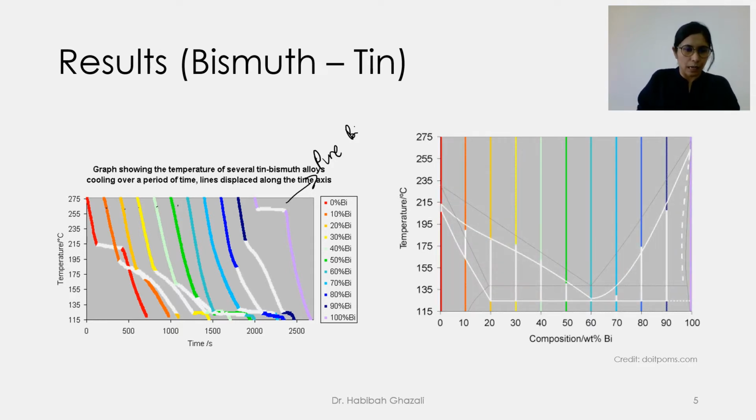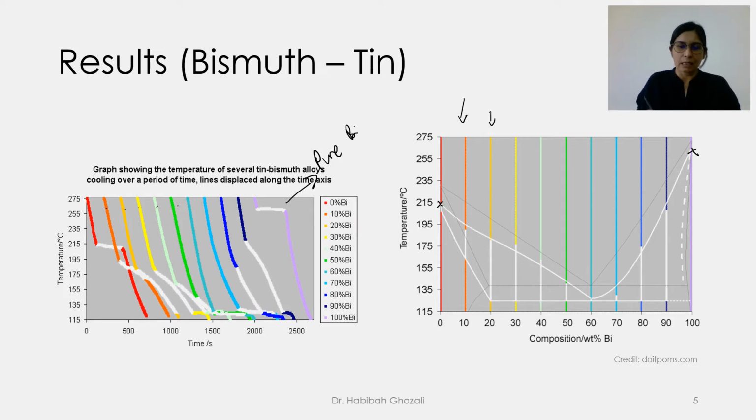For the pure metal, solidification only begins and ends at the same temperature. For the 10%, you can see it represented by this orange color here. For the 20% is this one, and so on. In the end, we have pure bismuth having solidification happen in an isothermal reaction.